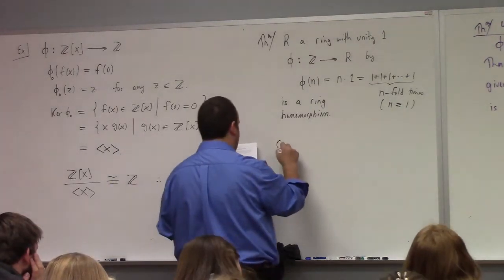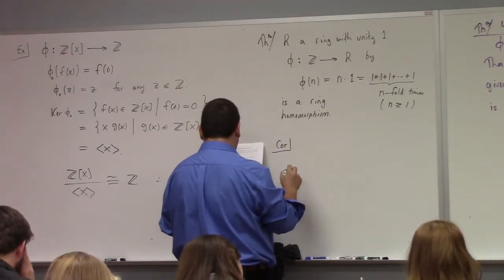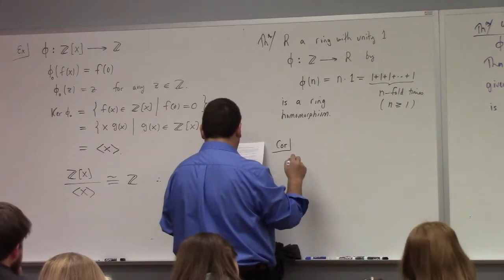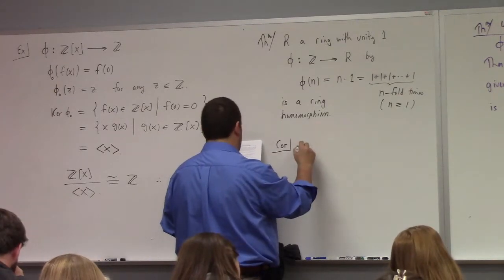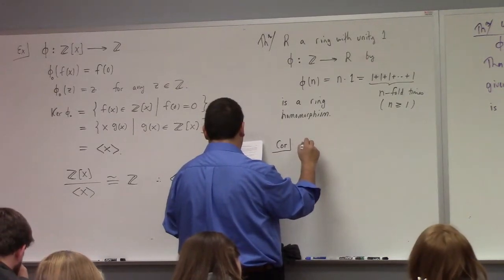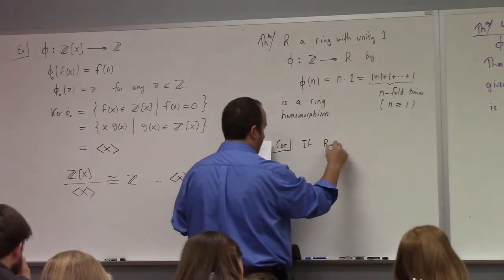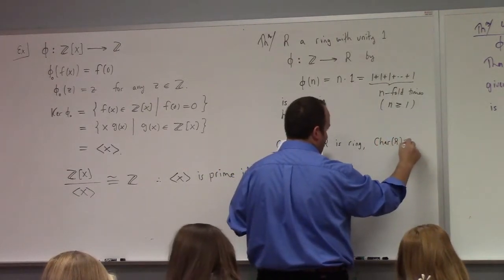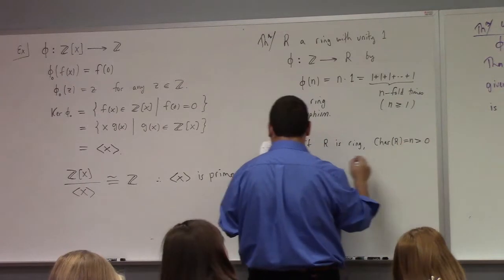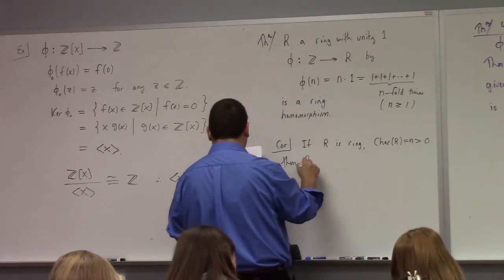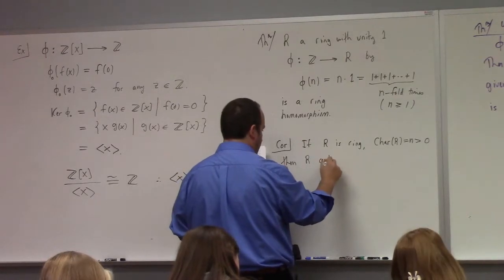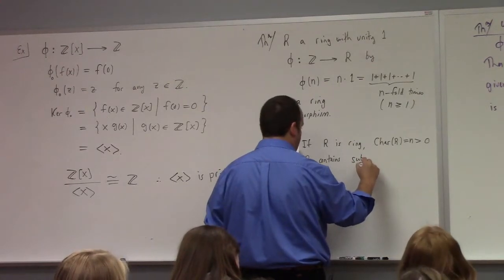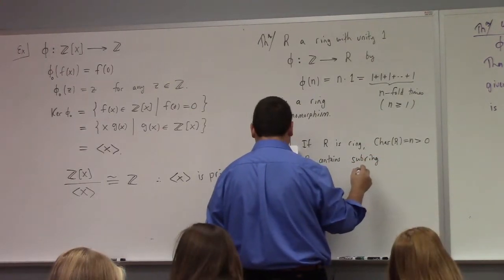Corollary. For any positive n, if R is a ring and the characteristic of R is equal to n, which is greater than 0, then R contains a subring which is isomorphic to Zn.